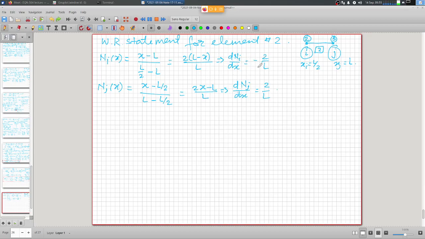Although the elements are different, the interpolation functions are linear, but obviously they look different because they have to satisfy the interpolation condition at different coordinates, but the derivatives are all identical. dNi by dx is still minus 2 by L, dNj by dx is still 2 by L.